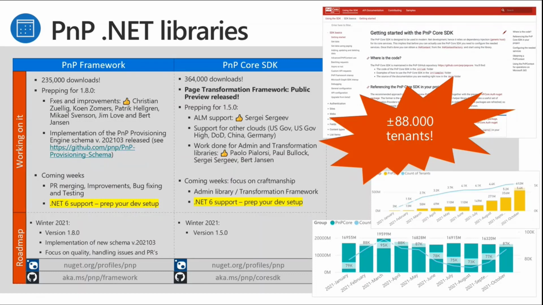And we also have support for other clouds like the US or China or Germany and so on and so forth, as well as, as I already said, the support for the transformation library with the contribution of Paul, Sergey again, Bert, and me as well. So again, be prepared for .NET 6 and be ready with Visual Studio 2022 to start contributing and playing with the latest releases of the PnP .NET libraries.